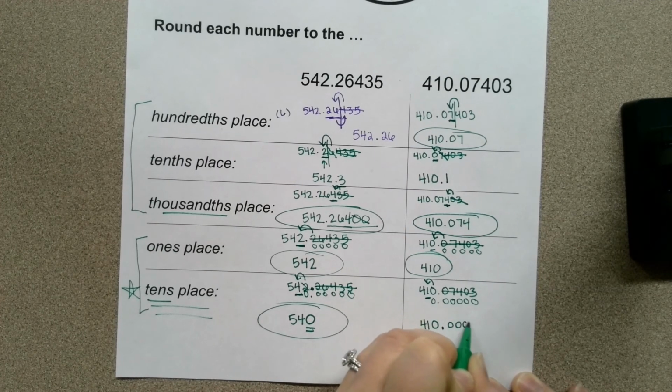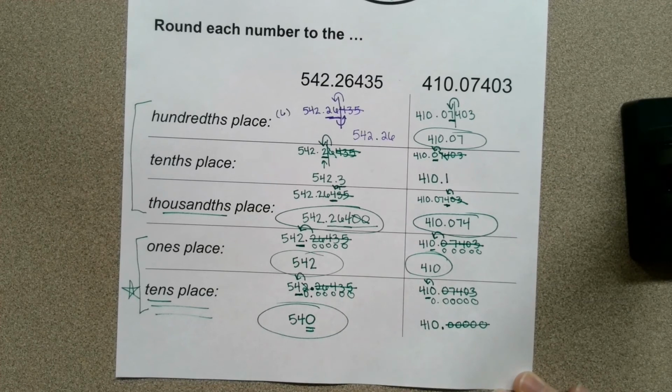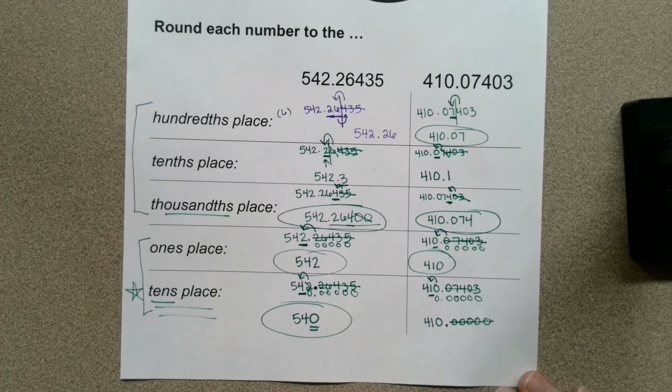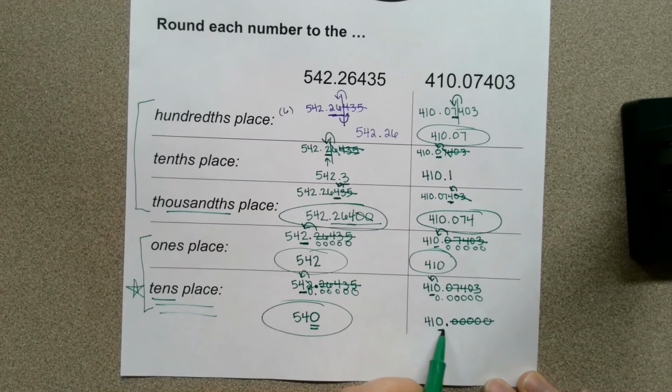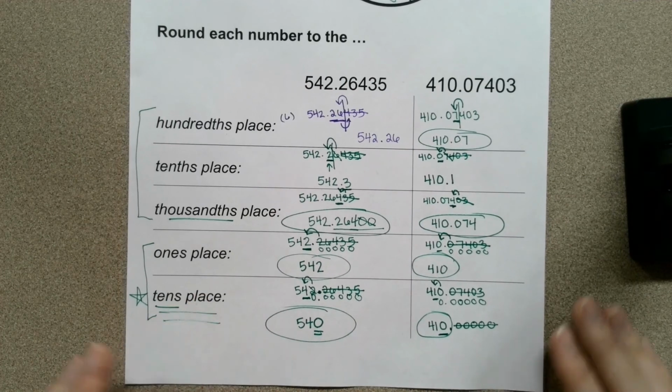Each of these zeros we don't need. They don't add any additional value. You could write them. It's the same thing, but we don't need them. However, this 0 is needed because it holds the 1 in the tens place and the 4 in the hundreds place. So 410 would be your answer.